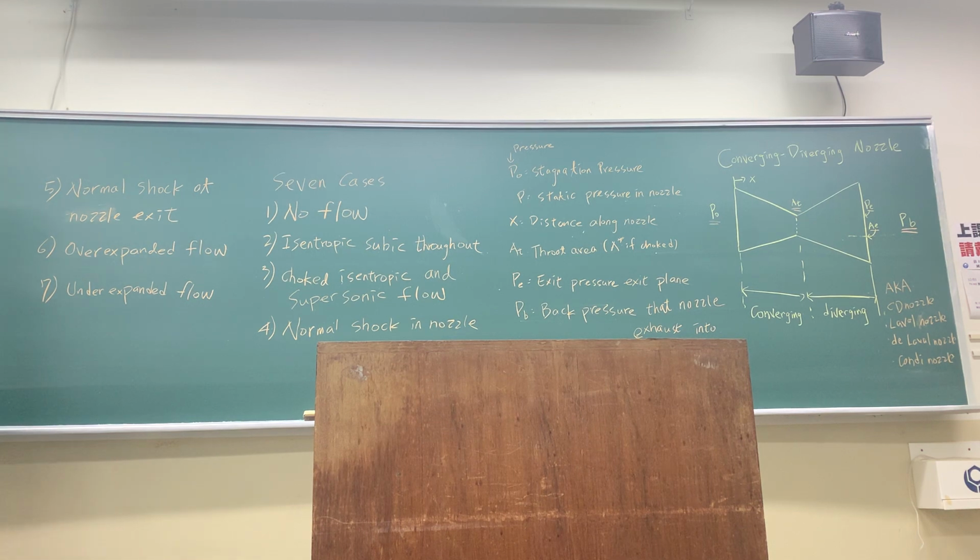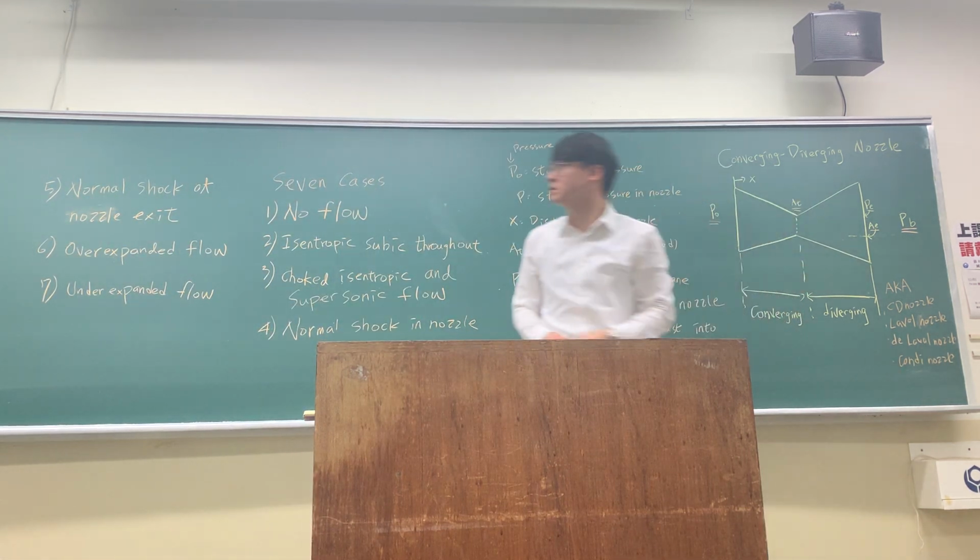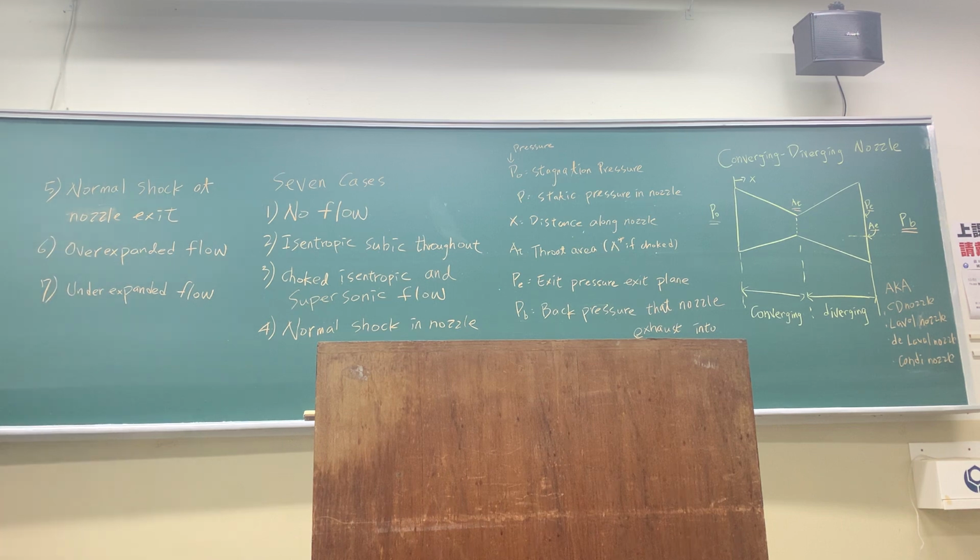So when I say shock, what does that mean? You normally see a diamond shape. When you have a nozzle like this, and your nozzle is flying out, you have this very beautiful turbulence coming out.